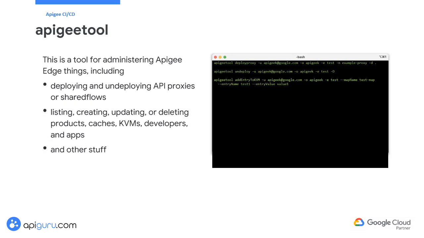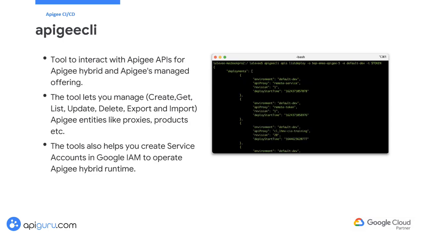The Apigee tool is an open source Node.js-based command line interface that facilitates retrieving and deploying API proxies, shared flows, API products, developers, apps, caches, KVMs, and target servers to Apigee Edge. Apigee is a command line tool designed to seamlessly interact with Apigee APIs supporting Apigee X and Apigee Hybrid.